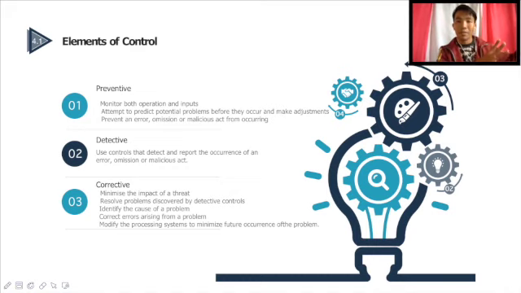Before pa mag-occur, may preventive ka na. Occurring, meron ka dapat detective control. Corrective, paano mo na ibibigyang solusyon yung na-detect. So, are these controls in place or not? Are there levels of controls in the organization? Are the level of controls effective, efficient? So, pwede na rin itong isang case study.